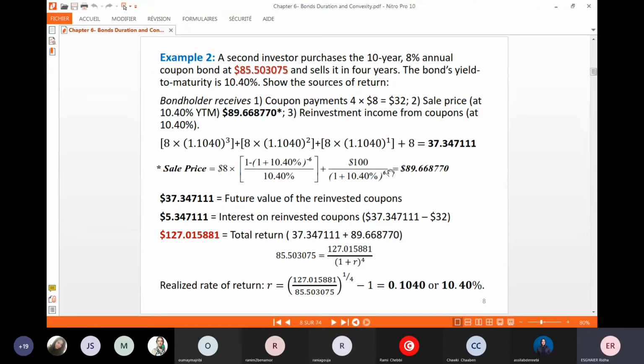So the sale price of the bond is $89.66. So at the end of year 4, the bondholder will receive $89.66 as sale price of his bond.